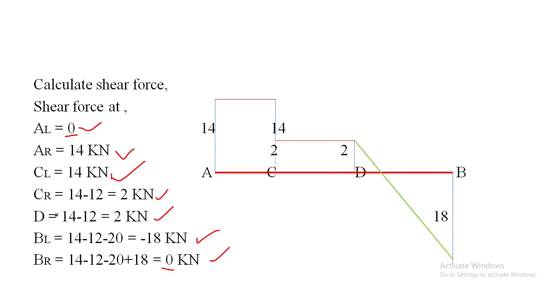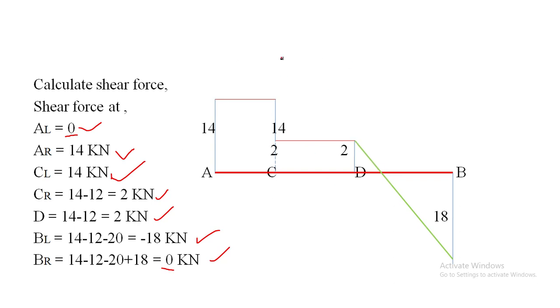Between D and B there is a UDL, so it should be joined with an inclined line. It is joined following the sequence of the calculation: first value is 0, so 0 comes here, then 14, so the line comes here to 14, then the third point, that is 14, joins at 14, then come towards 2, then again 2, and then it goes to 18.